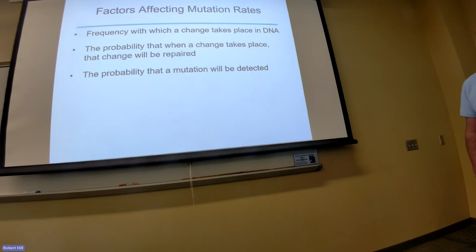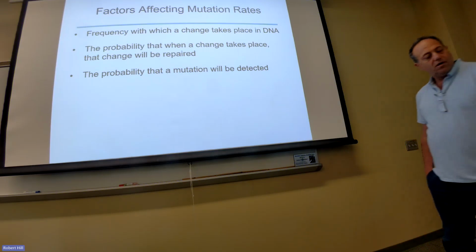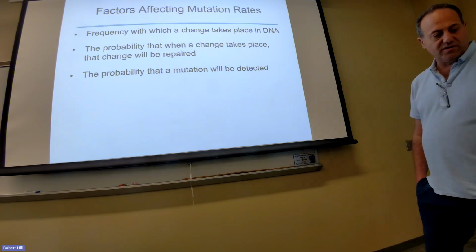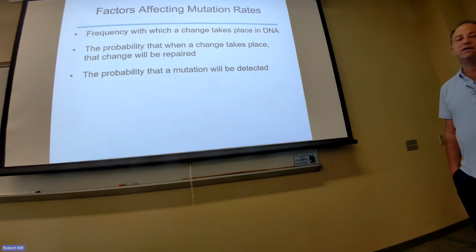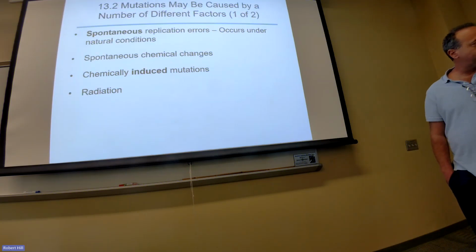You have to look at not only whether the mutation is present, but also the frequency of correction of that mutation, and whether the mutation can actually be detected by some molecule in the cell. There are additional proofreading enzymes besides the ones that we learned about with DNA replication, whose job is to go along and correct mutations in the DNA.